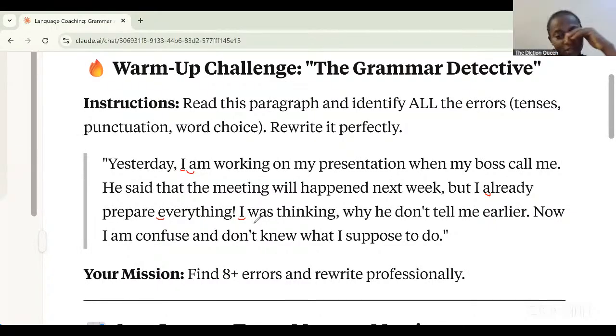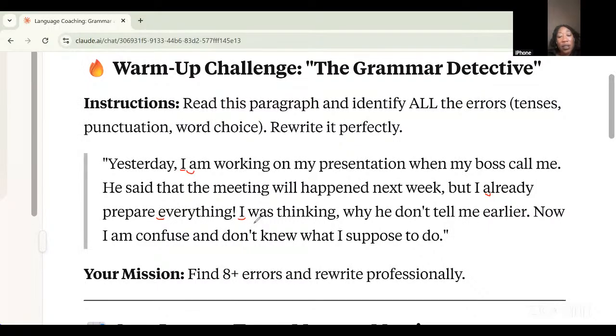So now, let's rewrite it. Yesterday, I was working on my presentation when my boss called me. He said the meeting will happen next week. But I already prepared everything.